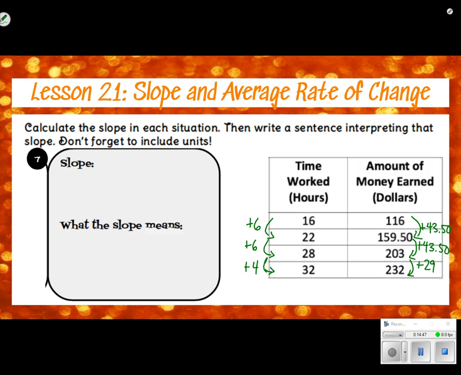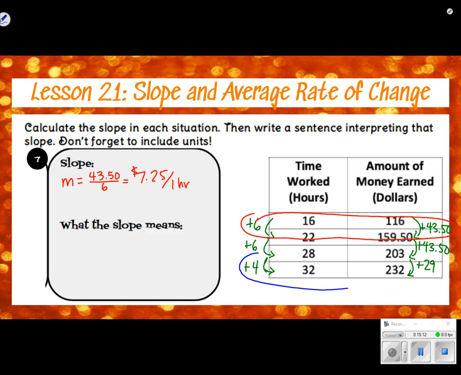So if I compare these, the slope is 43.50 over 6. I get 7.25, and that's really 7.25 per hour. Then if I compare here, I'm going to see the same 7.25 per hour.